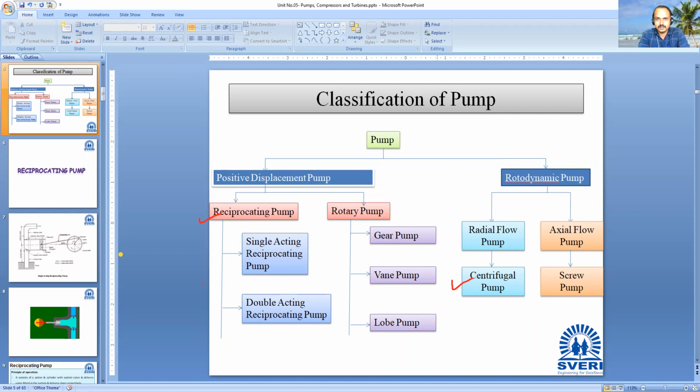We are trying to decrease the volume, but water is not compressible. Very important thing: water is not compressible. We are trying to push water, and when the valve opens, that pressurized water can lift. In a compressor, air is compressible. These 2 are fluids.